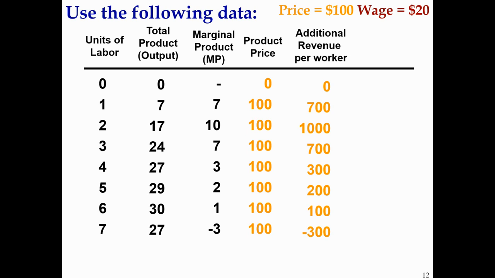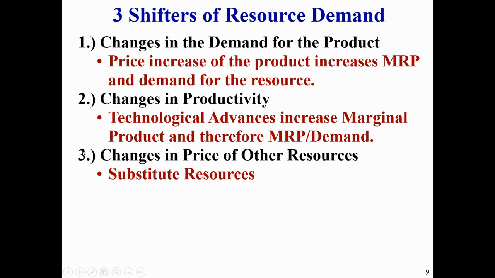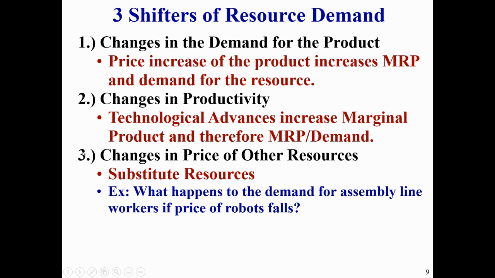Okay, great. Now the last one is changing the price of other resources, so the substitutes for resources. What happens to the demand for assembly line workers if the price of a robot falls? Think a little bit.